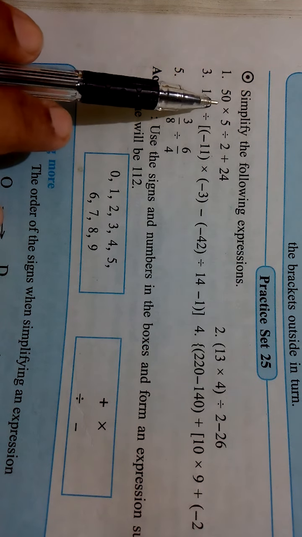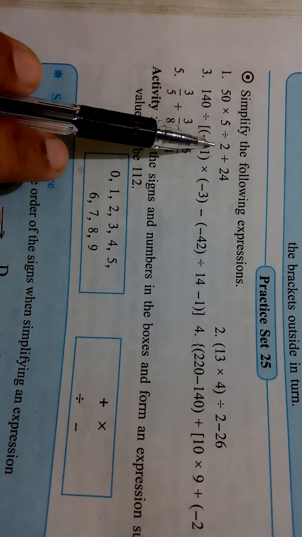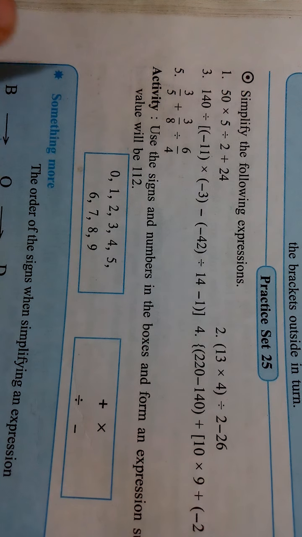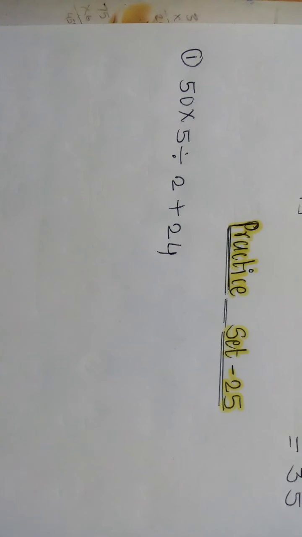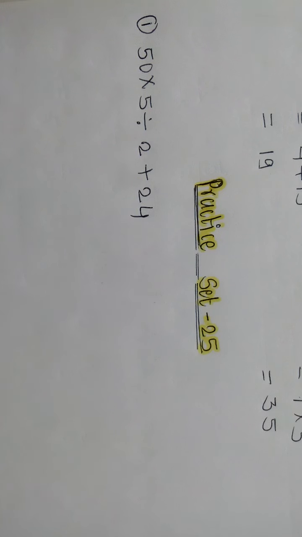What is the first expression? The first expression is 50 into 5 divided by 2 plus 24. Here it is the first example from the practice set. What is our first rule? The first rule is that we have to do multiplication or division, whatever it is, first from the left side.